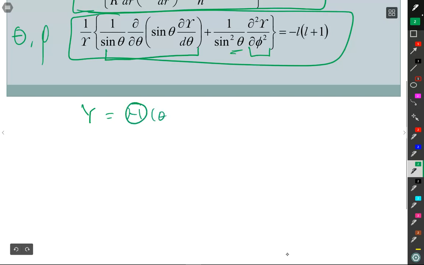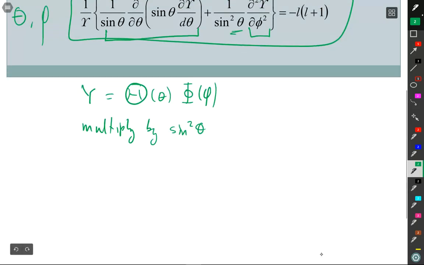capital theta of theta and capital phi of phi, and multiply by sine squared theta here.